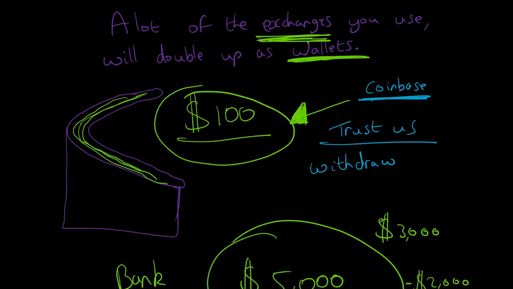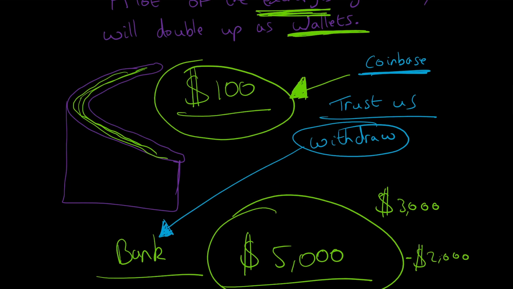And this sounds very similar to the way a bank operates in terms of with your money. If, for example, the actual exchange were to go bust, so this one, Coinbase in this instance, you would essentially lose your coins, your currency, whatever it's storing. So that's something to note.